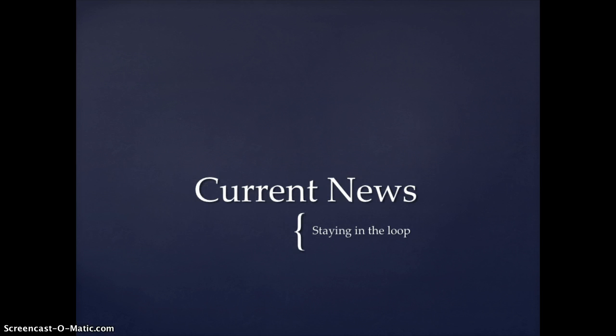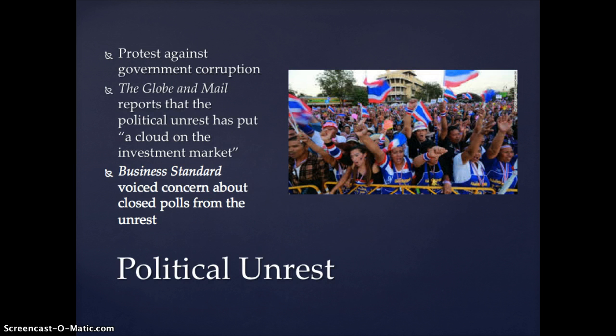And in light of the PEST analysis, there are also different current events that affect a business and what they do that is very important for a business to know in order to do the best they can in the country that they're functioning. Currently, there's been a lot of political unrest in Thailand. There has been a lot of protests against the government and the people being unhappy about the corruption within the government.